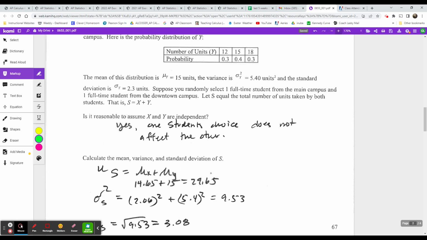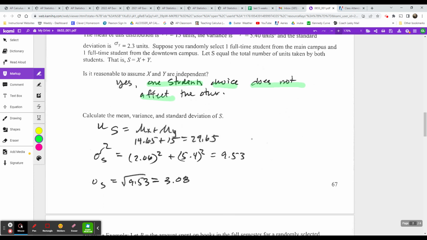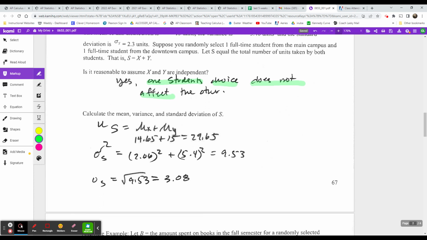We talked about this a little bit. Are they independent? Absolutely. One student's choice does not affect the other. So we're going to add the two values together, just like we said before. From the calculations two days ago, the expected value was 14.65 units.